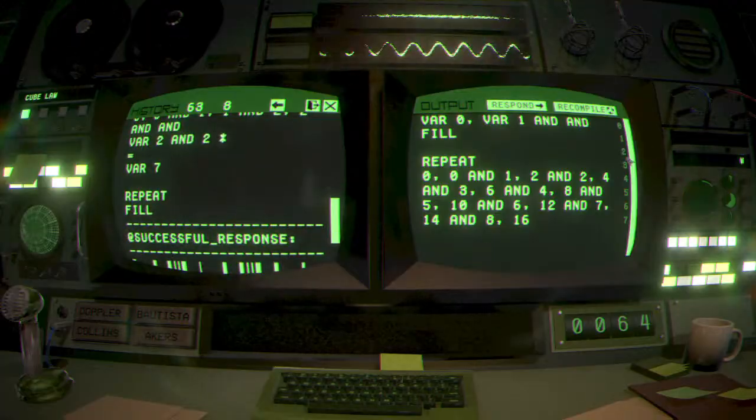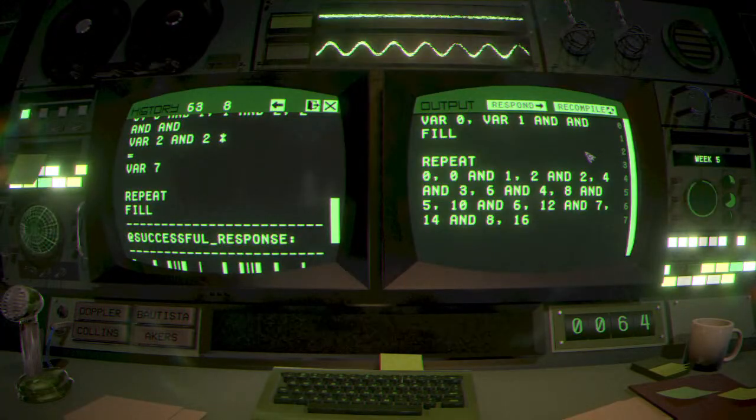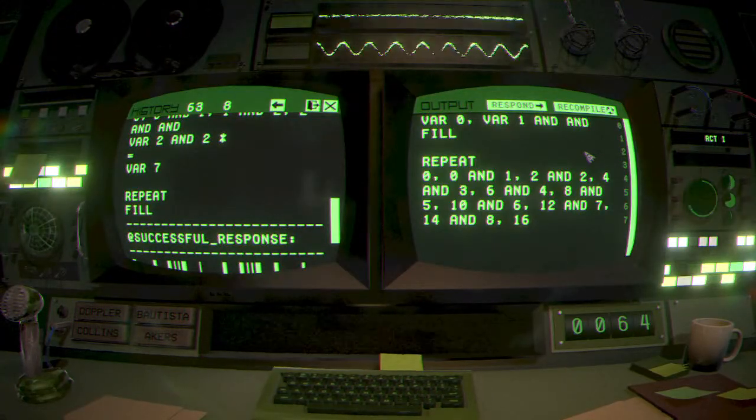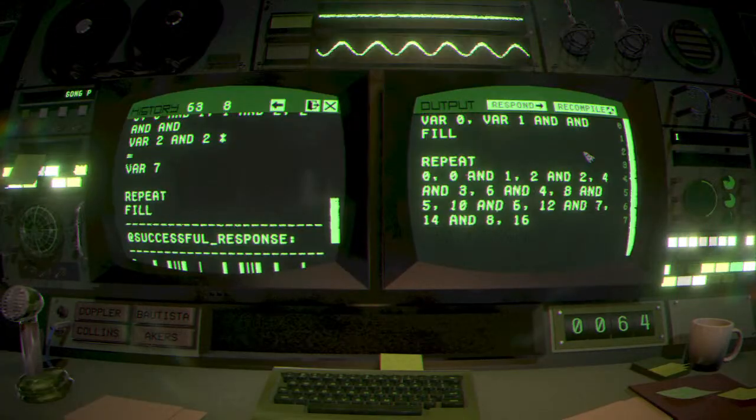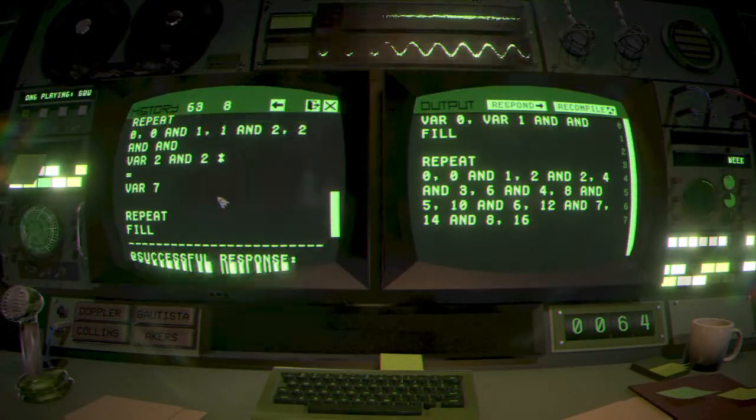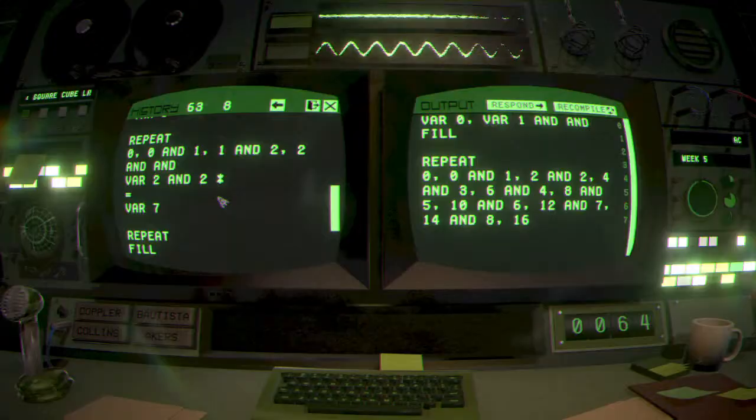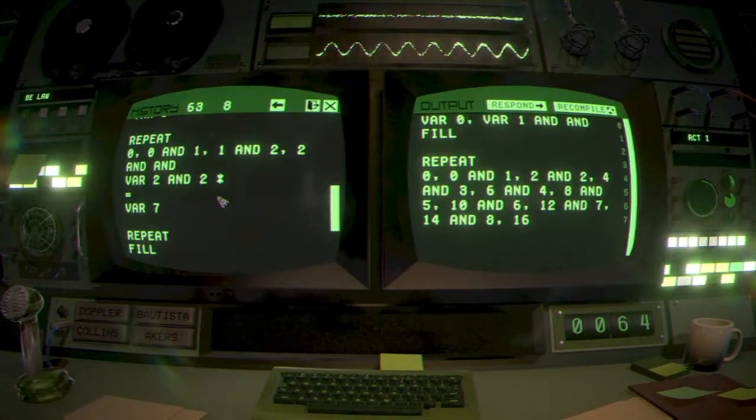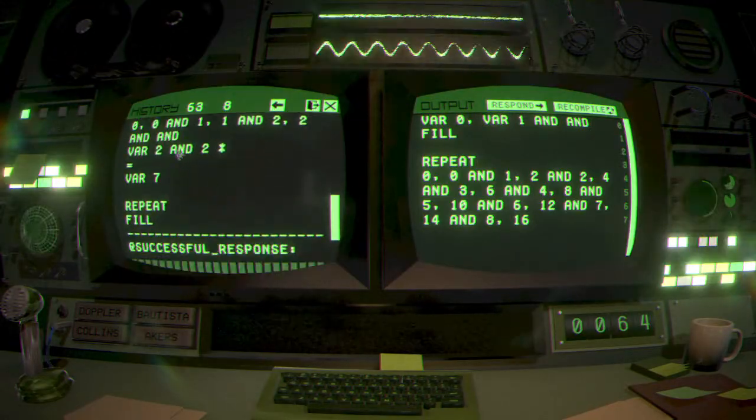Maybe I just write out variable 0, maybe I write it out here.